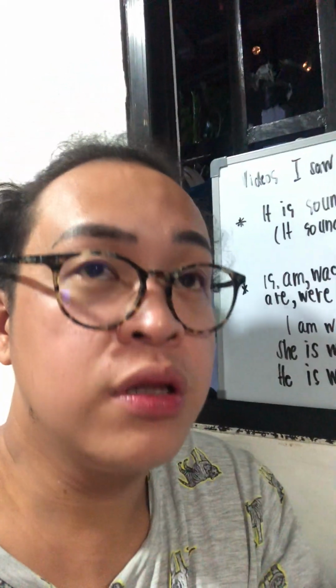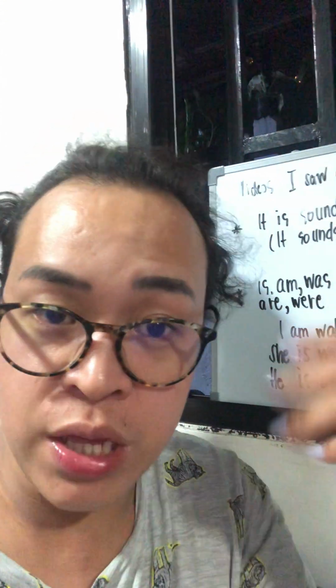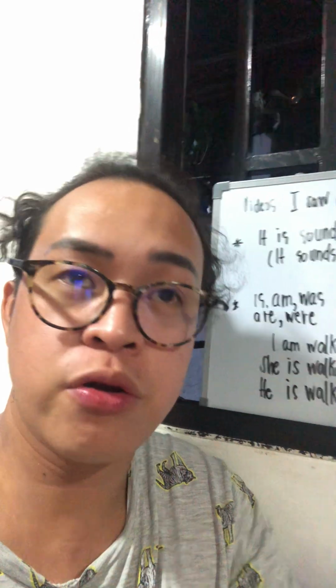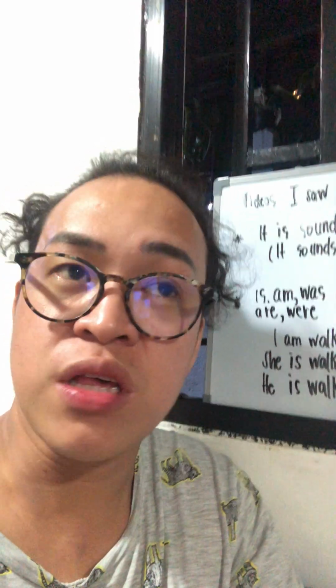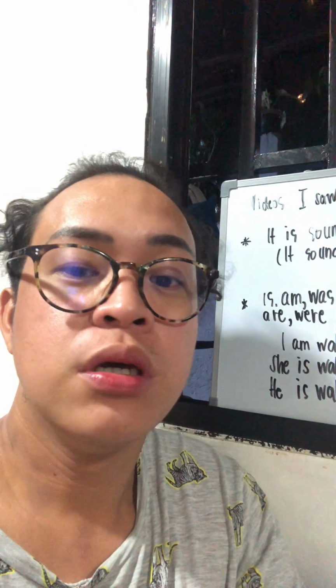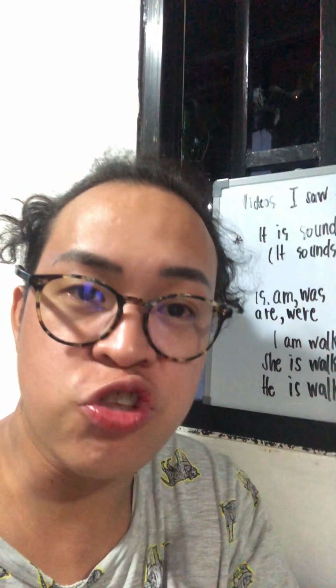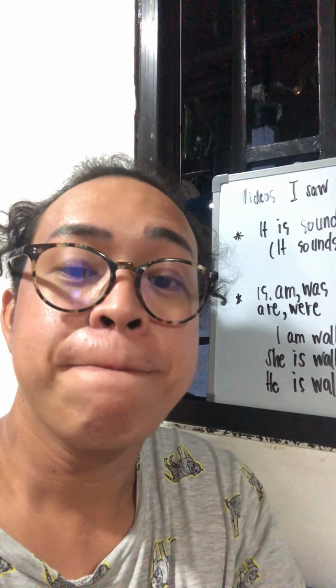Not all English language learners know about these stative verbs because most commonly teachers would just teach about action verbs, helping verbs, auxiliary verbs. But very few teachers would teach stative verbs.